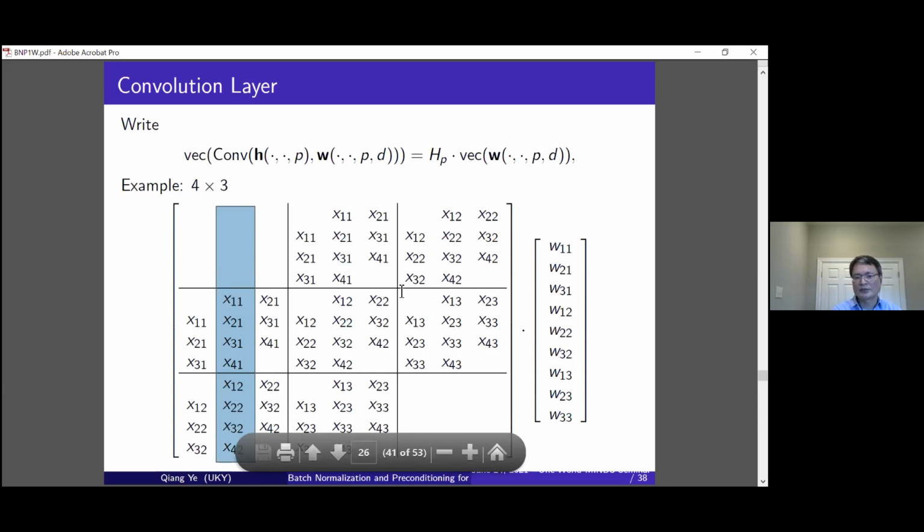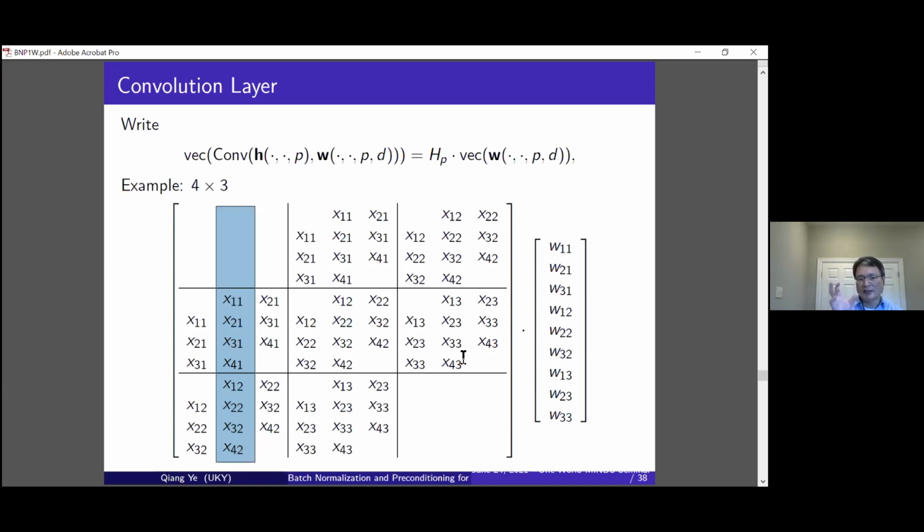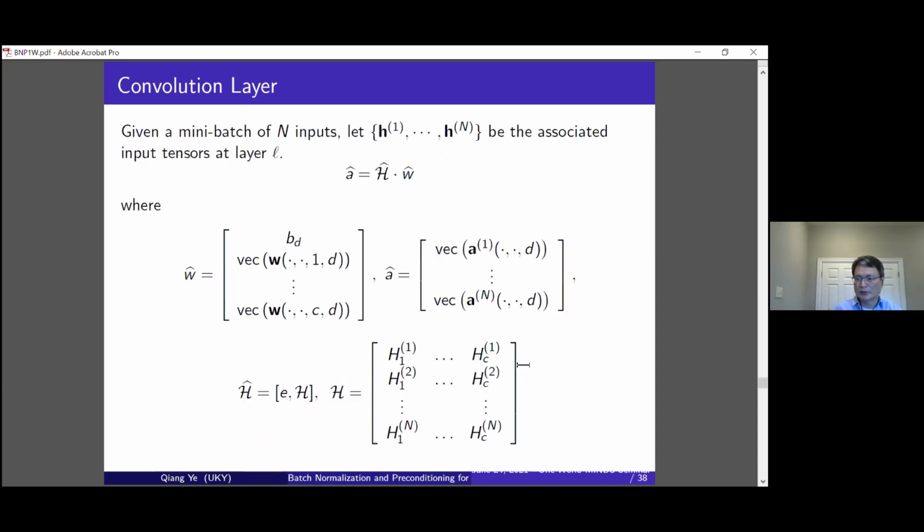Okay. So basically, each column here consists of the elements in that R by S submatrix, or 4x3 submatrix, of that zero-padded matrix that's multiplied by one of the Wij. That's important for what I will try to explain later on about how the mean and variance are computed.